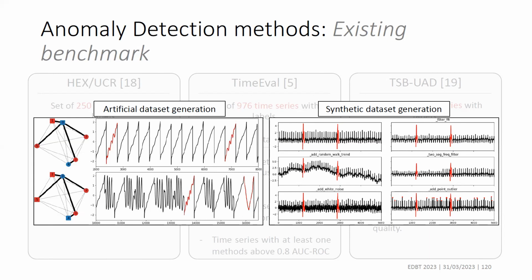Yes? What's the difference between your synthetic data generation and Guten Tag? You're working with Guten Tag? Okay. Well, there is no big difference. Guten Tag is proposing the same. If I remember correctly, they propose a set of pre-computed time series, I think 200 time series in Guten Tag, but they also gave the code to generate new time series.